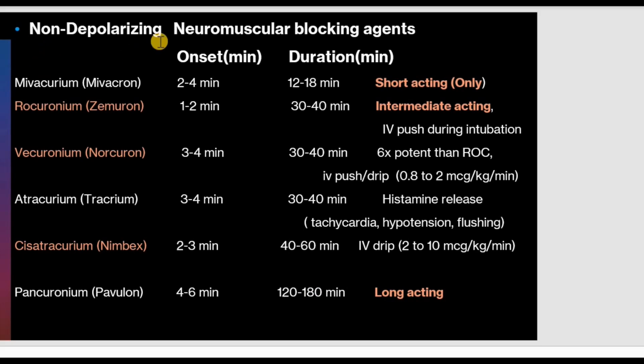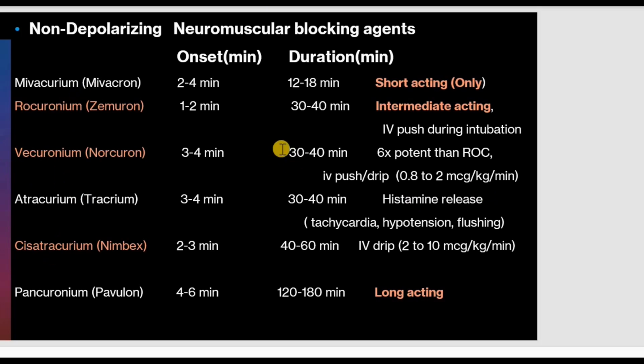Now, among the non-depolarizing neuromuscular blocking agents, the most commonly used are rocuronium, vecuronium, and cisatracurium. Rocuronium is used as an IV push. Vecuronium and cisatracurium are used as IV drips. Vecuronium is also used as an IV push.